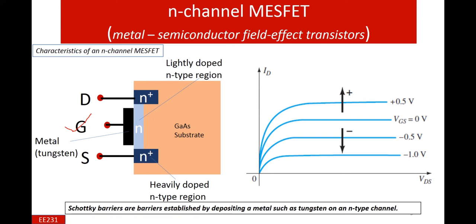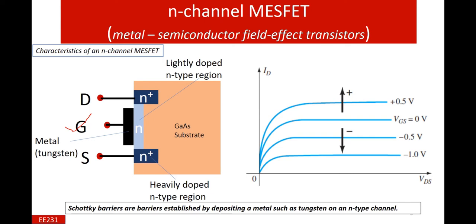For example, if we apply zero potential here at the gate, then there is no attraction of the free carriers of the channel, and the current is relatively high as compared to when we apply some negative potential.